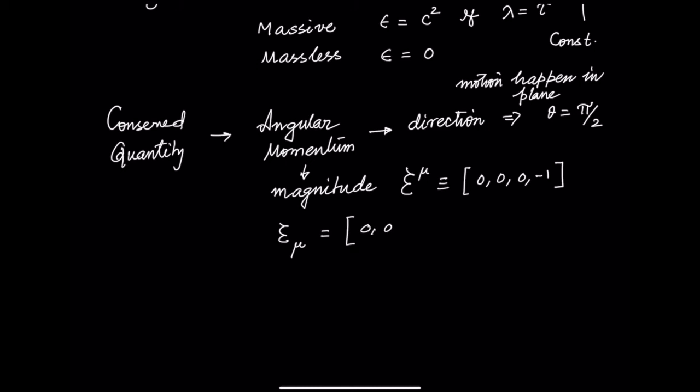It is 0 0 0, and then I have to multiply it with g minus 1. I have to multiply with g phi phi, and g phi phi is nothing but minus sine square theta r square. Now sine square theta is just 1, so this is nothing but r square.